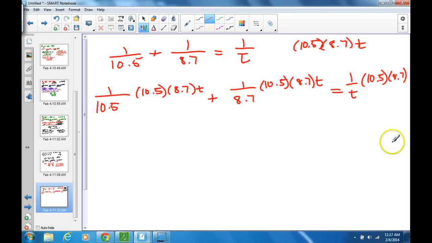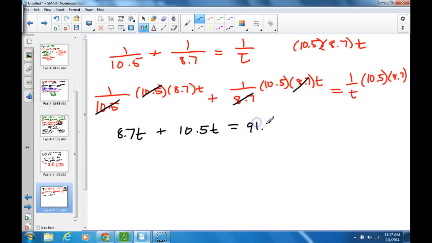Okay, so what can I cancel out here? Those ones, so I'm left with 8.7t, plus this one cancels here, so I'm left with 10.5t. And then equals 91.35.